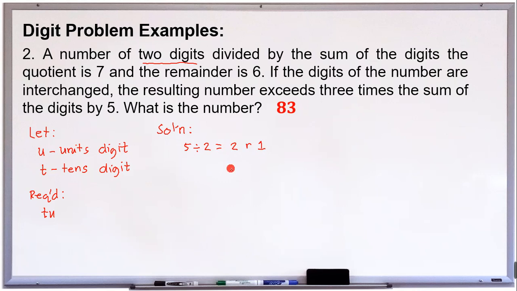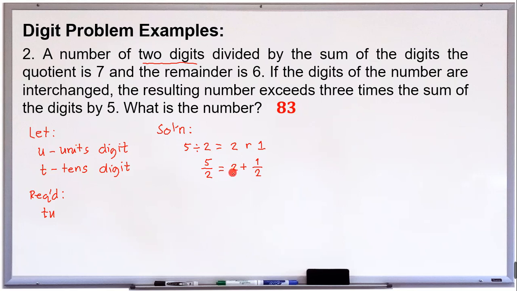Now, if we are going to express this in equation form, without having this r, that would be 5 over 2. This is simply equal to the answer of the division, or our quotient, plus the remainder on the numerator, so it would be 1 over the divisor, which is our 2. So this is how we are going to create an equation in dividing a number with a remainder.